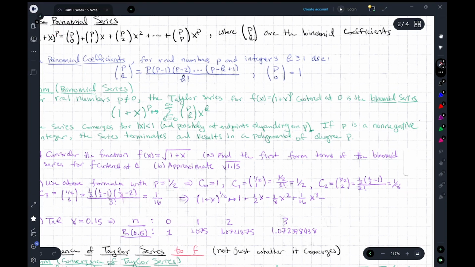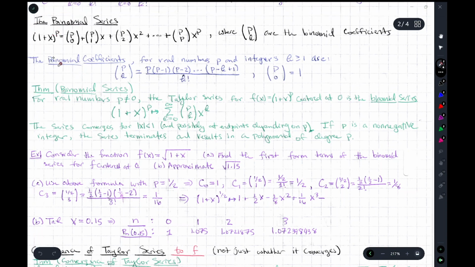And for a p that's an integer, you could write out the binomial series. Okay, now this is what the binomial series is, and we could even abstract this and look at p's that are not integers.